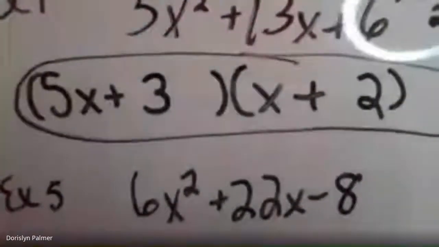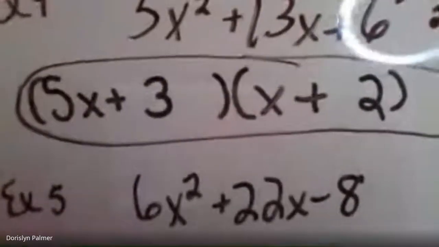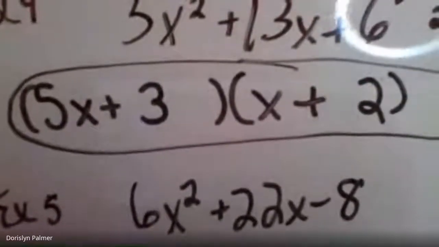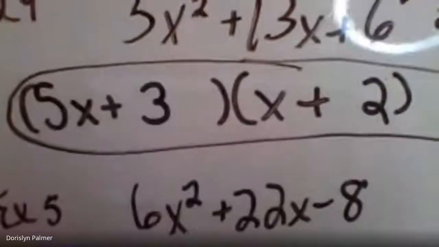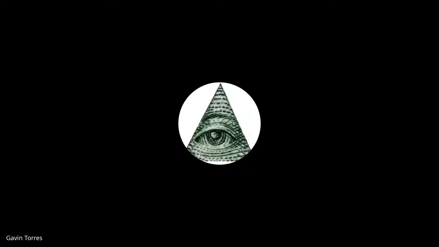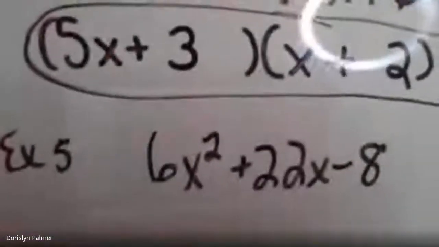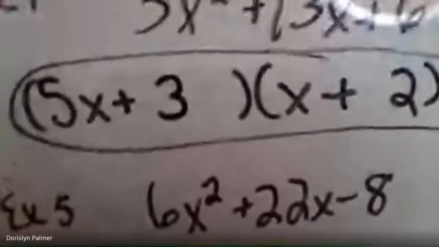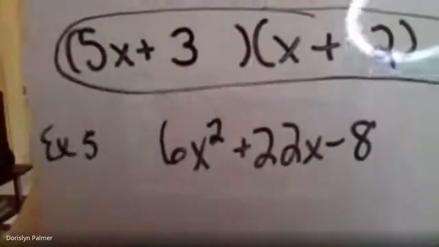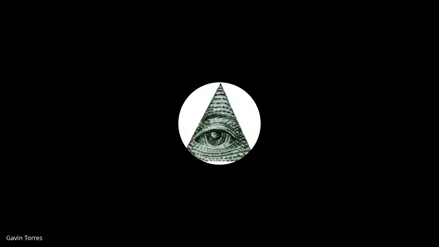Gavin, is there anything I could divide 6 and 22 and 8 by? Sorry, my mic was off. Is there anything I could divide 6, 22, and 8 by before I start? 2. Good, they're all even. So I'm going to factor out a 2.